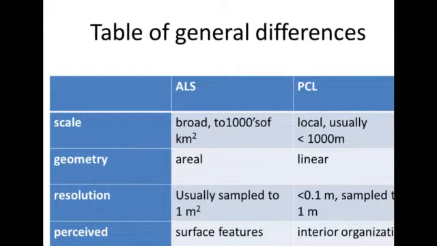So I'd like to summarize this by contrasting some of the differences between the kinds of LIDAR systems that we've seen. So on the columns are airborne laser scanning and mine, the portable canopy LIDAR. And the scale at which they work is quite different. Airborne laser scanning can get you hundreds of thousands sometimes of square kilometers. And it's a great thing.